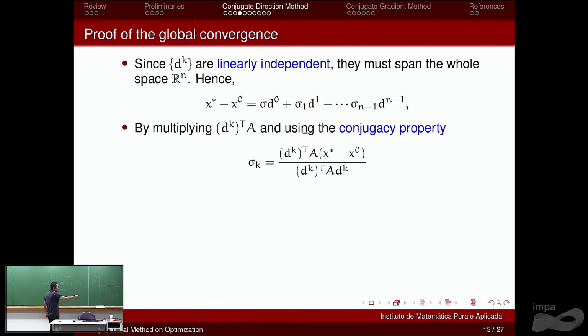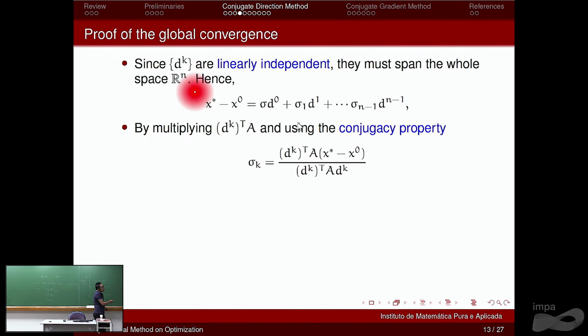Actually, this Dk is one of the vectors among D0 to Dn minus 1. And then you can get sigma k equals this formula.